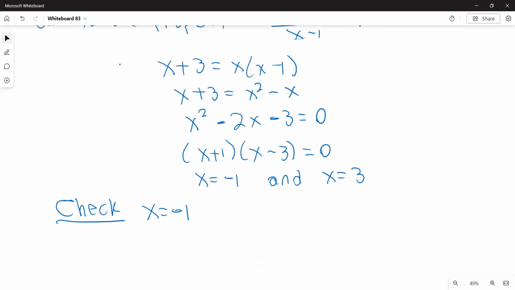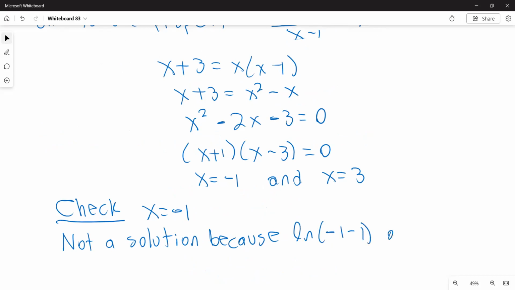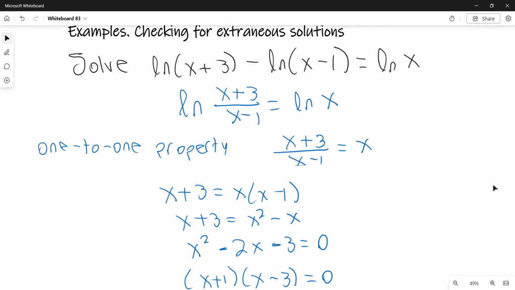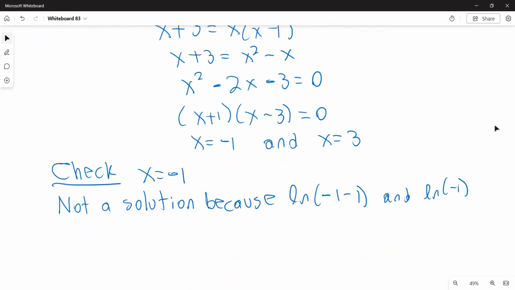So this is not a solution. Because the natural logarithm of negative 1 minus 1 and the natural logarithm of negative 1, if we try to plug them into the original equation, these two are undefined.